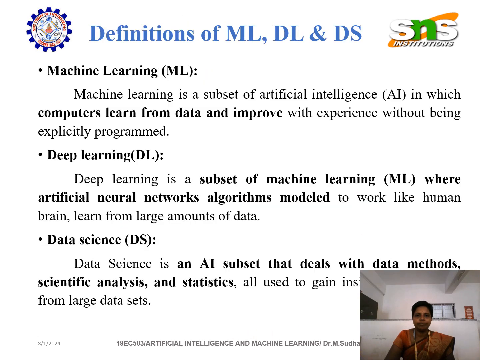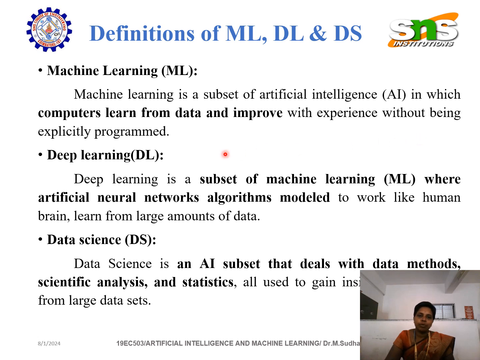Next, coming to the definitions, which we already saw in the first slide. In artificial intelligence, we have machine learning, deep learning, and data science. Artificial intelligence is a technology that works with the support of machine learning, deep learning, and data science. Machine learning is a subset of artificial intelligence, in which computers learn from data and improve with experience without being explicitly programmed.